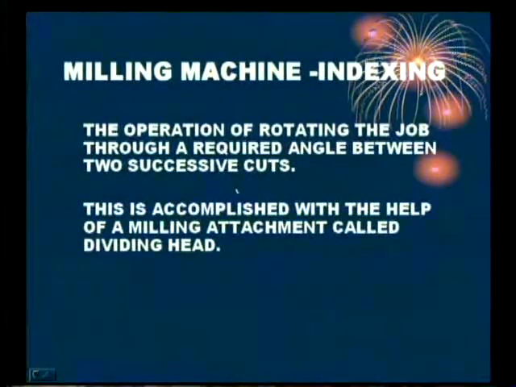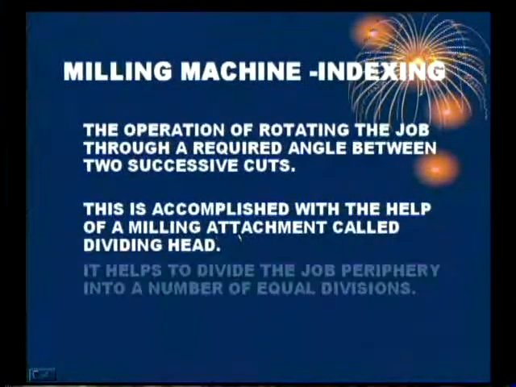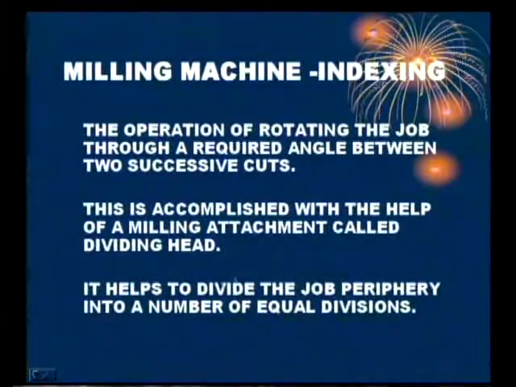Now, the dividing head is used to accomplish this process. It is accomplished with the help of a milling attachment called the dividing head, and it helps to divide the job periphery into a number of equal divisions. Now, what are the types of dividing heads?